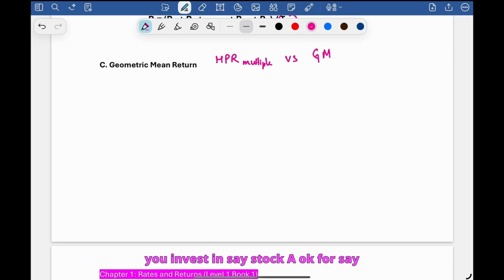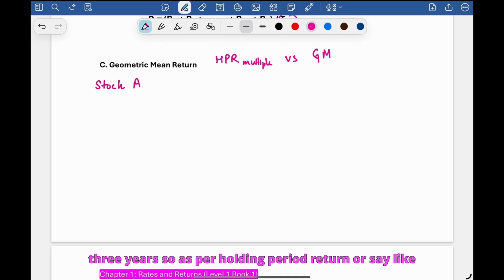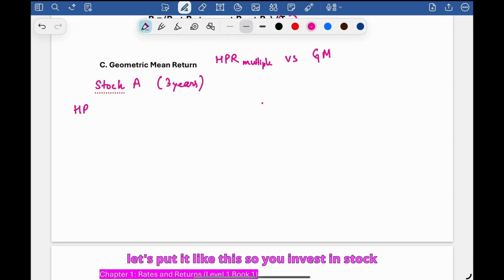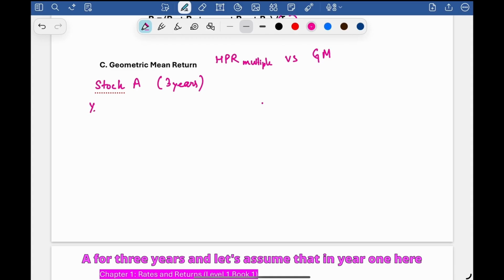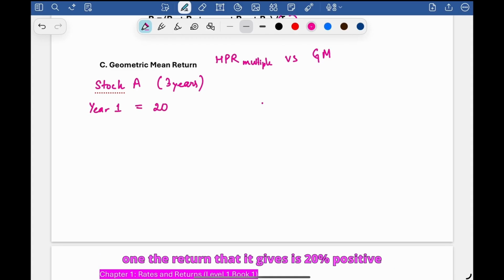For example, if you invest in, say, stock A for 3 years. Let's assume that in year 1, the return that it gives is 20% positive.